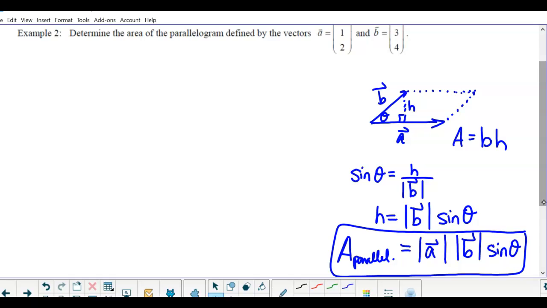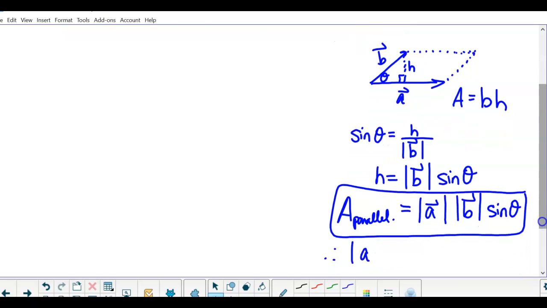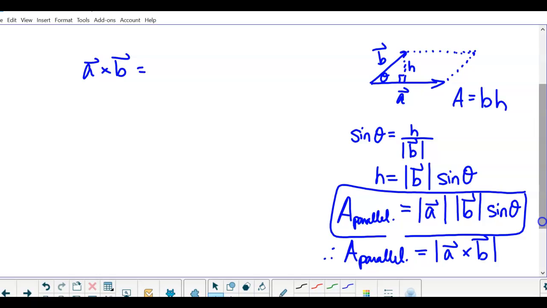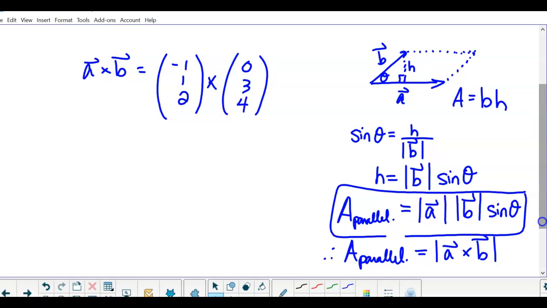That's equal to, I'll put it underneath, the magnitude of A cross B. So, A times B. So 4 minus 6 is negative 2.